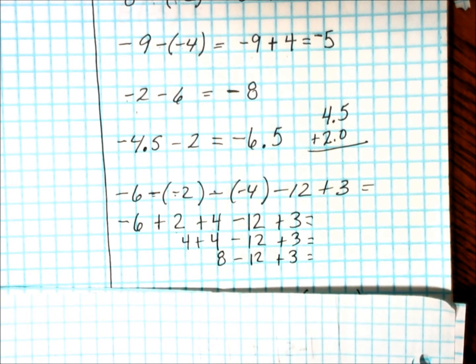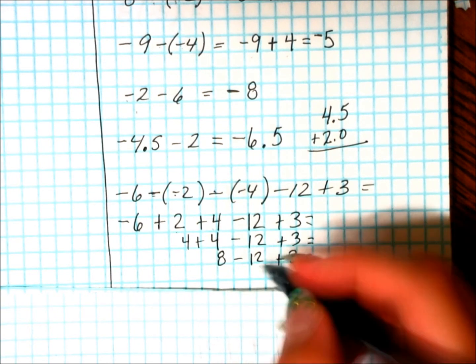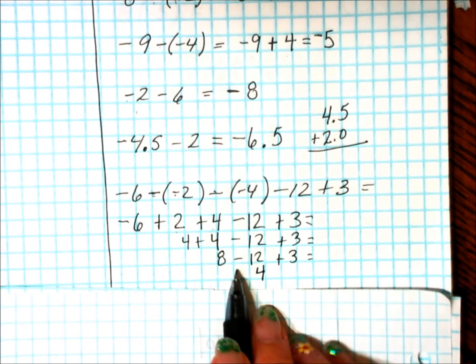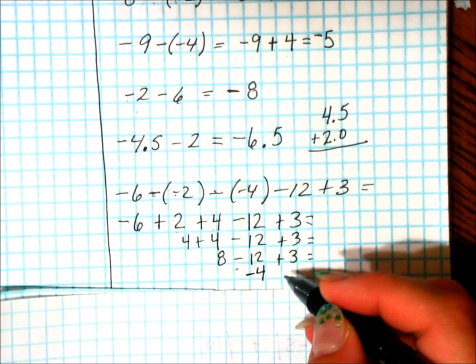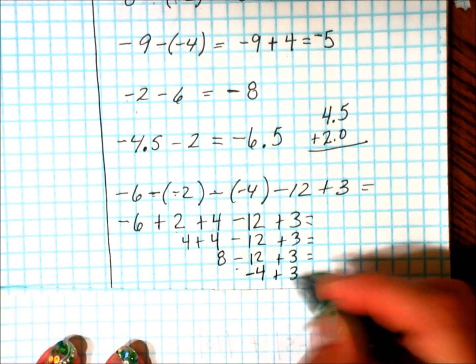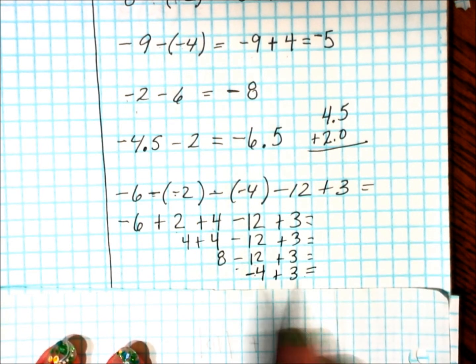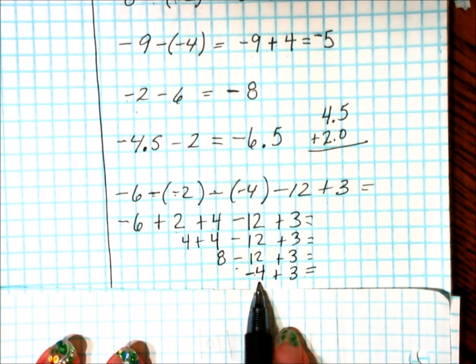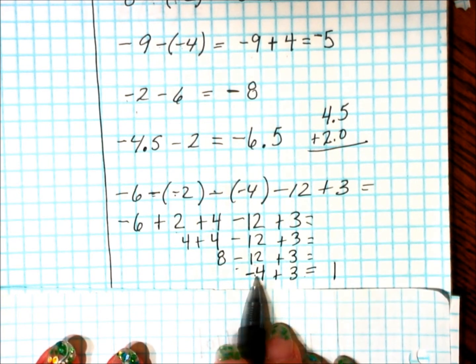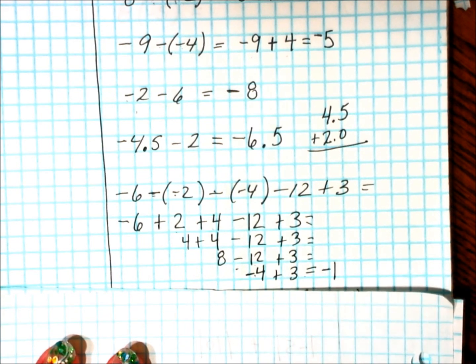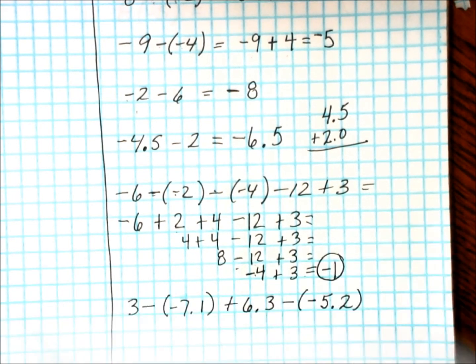One's positive, one's negative. We subtract and we get 4. The 12 is larger, so the answer would be negative because the 12 is larger. And one's positive and one's negative, I subtract and I get 1. 4 is bigger than 3. 4 is negative, so my answer is -1. Take it step by step.